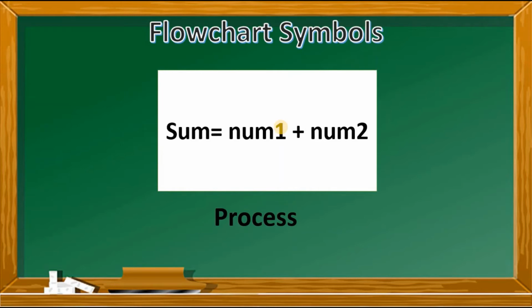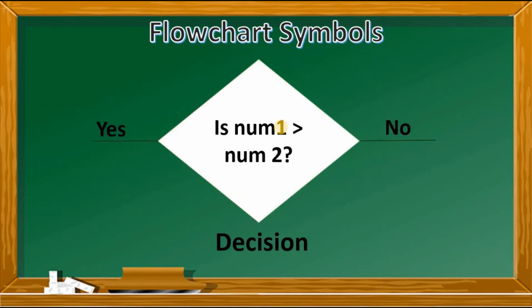So the process indicates that some calculations are being performed, and it happens using this symbol, and the shape is either a rectangle or a square.